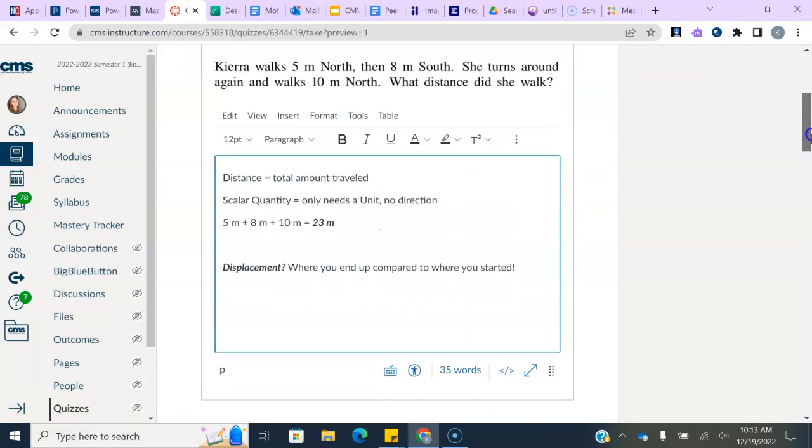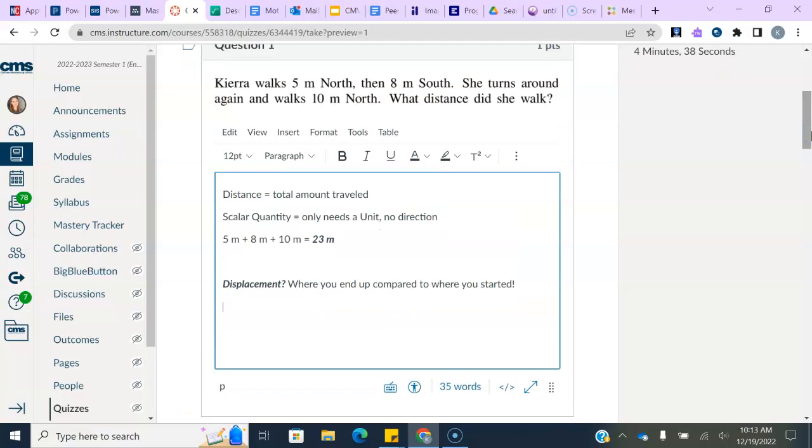We're assuming that we start at 0. This is going to be a vector quantity, so that means it's going to need a direction. When you do distance, you don't need a direction, but when you do displacement, you do.